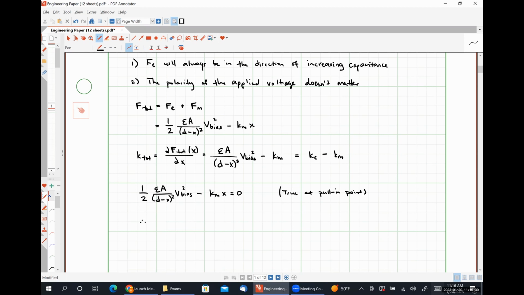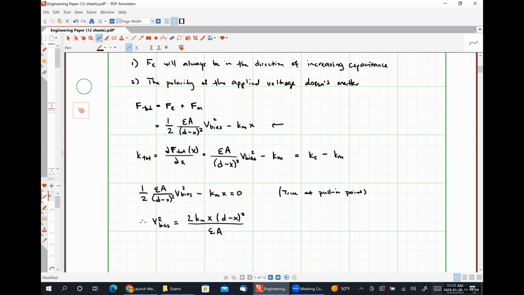Then we can rearrange this expression and find that our bias voltage squared will be equal to twice Km x times d minus x squared over epsilon A, nothing more than simple algebraic rearrangement of this equation.